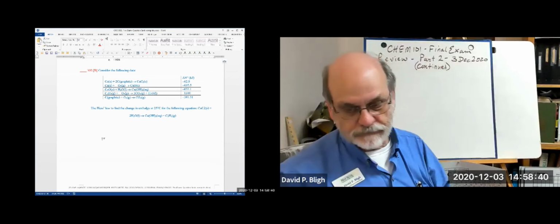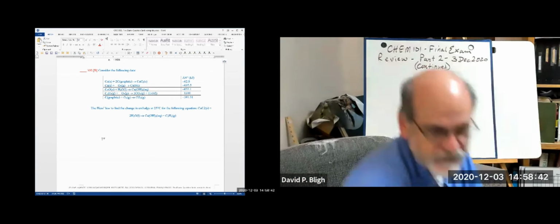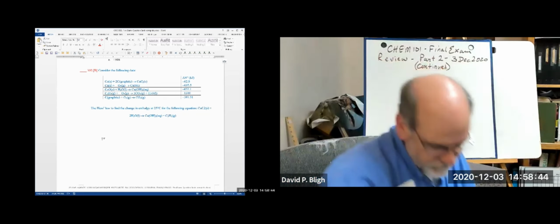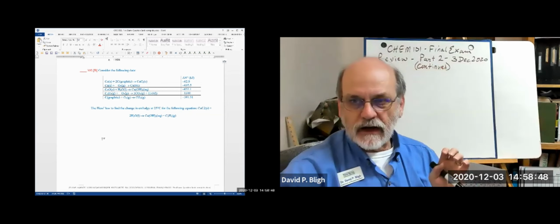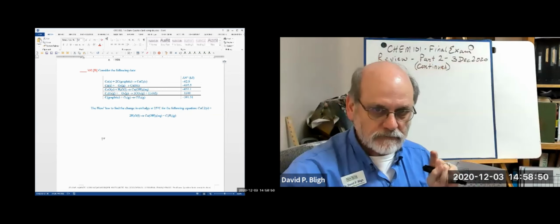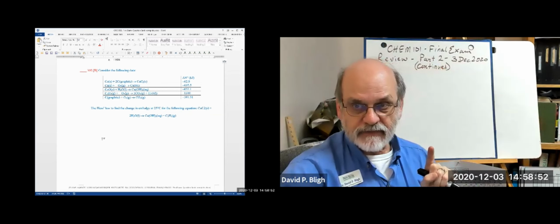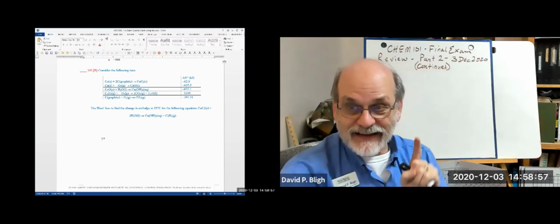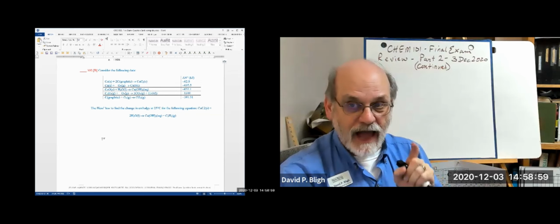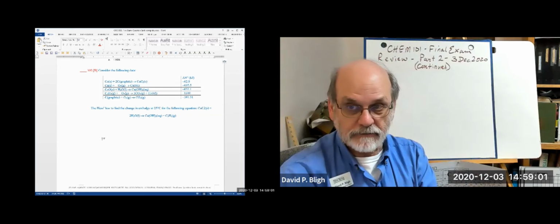Remember Hess's law. Hess's law says that based upon the fact that enthalpy is a state function, it doesn't matter how you get from a reactant to product.